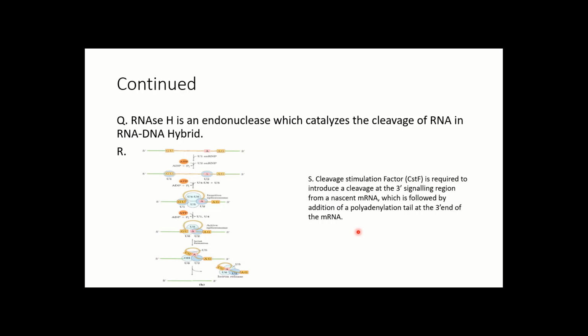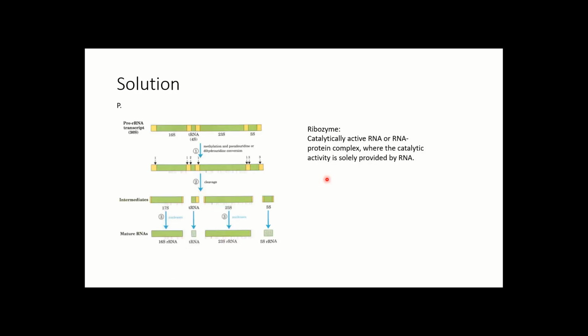So this cleavage stimulation factor CSTF is required to first introduce a cleavage at the 3' signaling region of a nascent mRNA. After that cleavage there will be addition of the poly A tail. That is the role of cleavage stimulation factor, or CSTF.